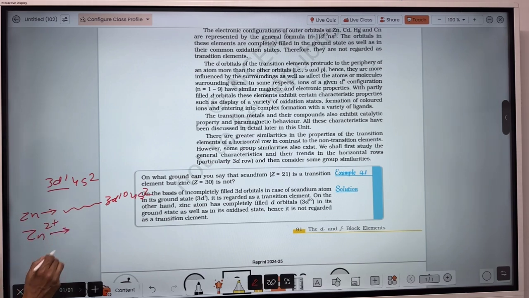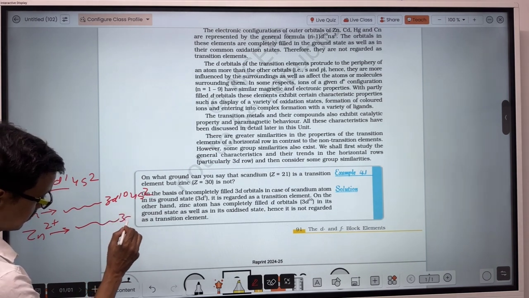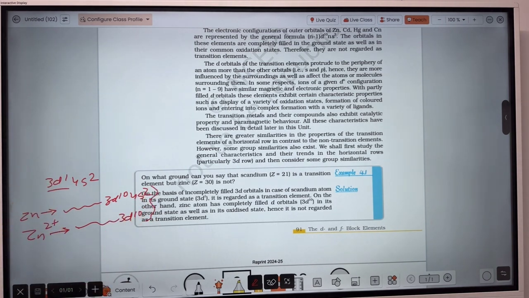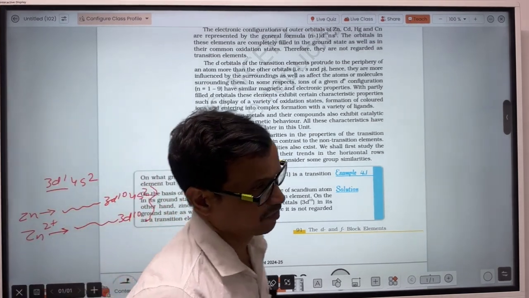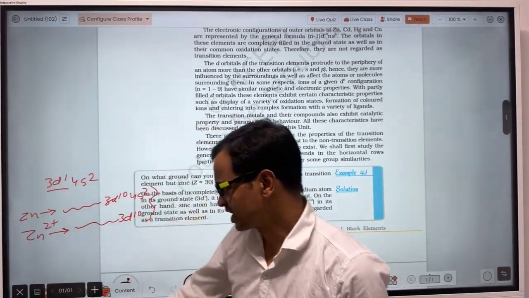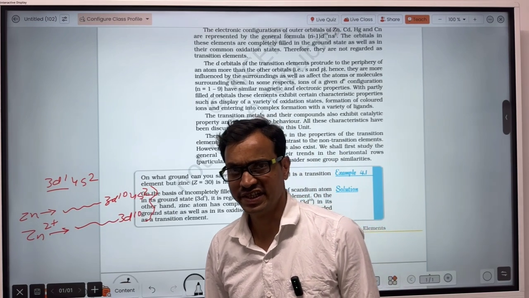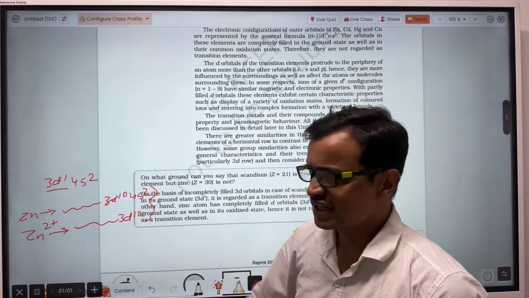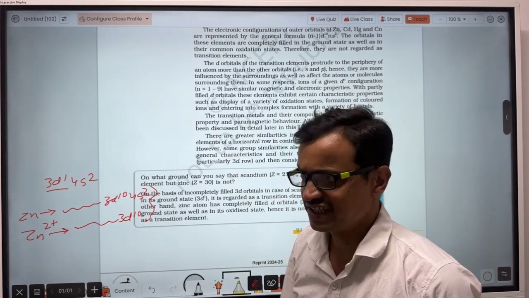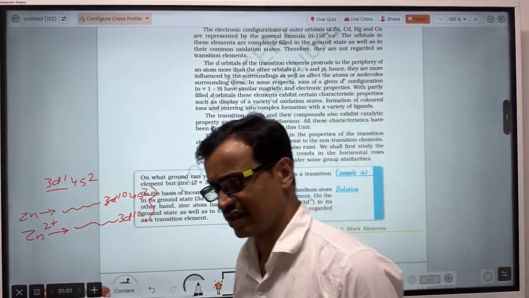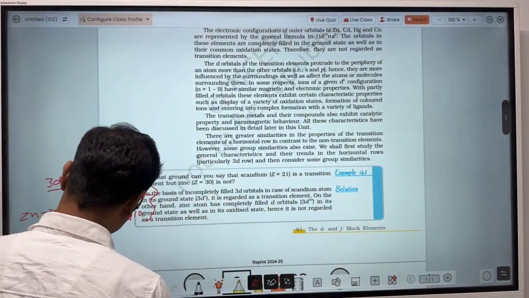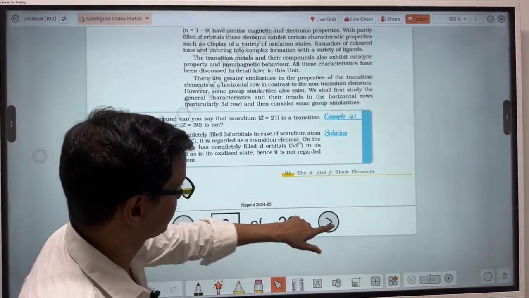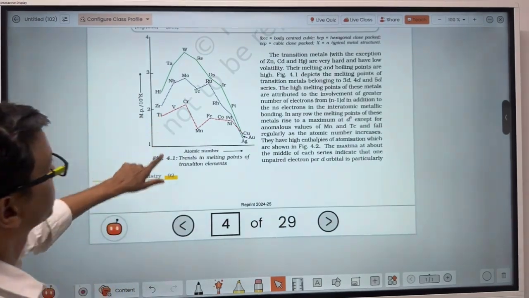So the electronic configuration of Zn2+ will be 3d10. In both cases, scandium contains an incomplete d orbital in the atomic state, but zinc doesn't contain an incomplete d orbital either in the atomic state or in its oxidized form. Hence, zinc is not a transition metal. I have also discussed this previously, so if you have any difficulty, watch the previous video.